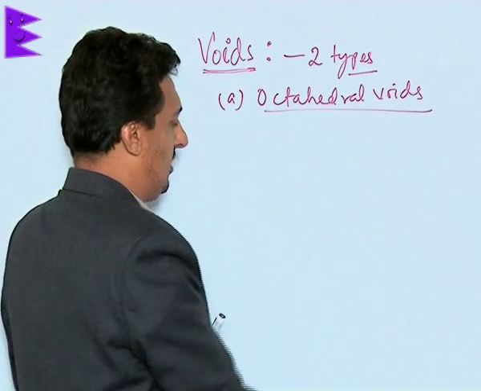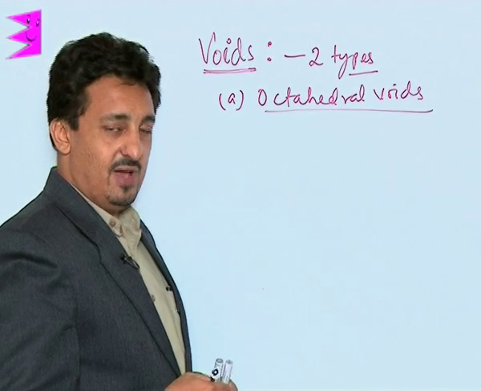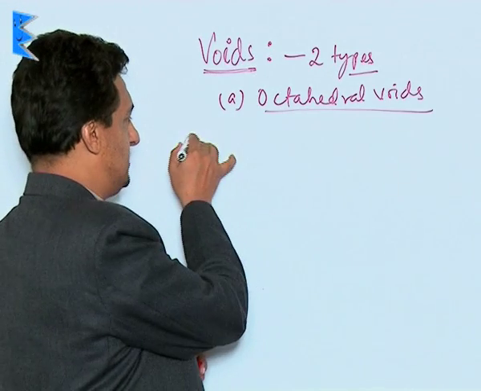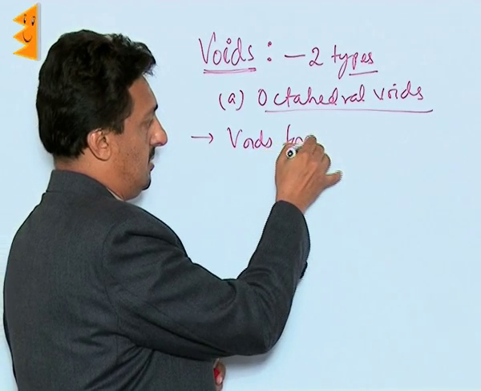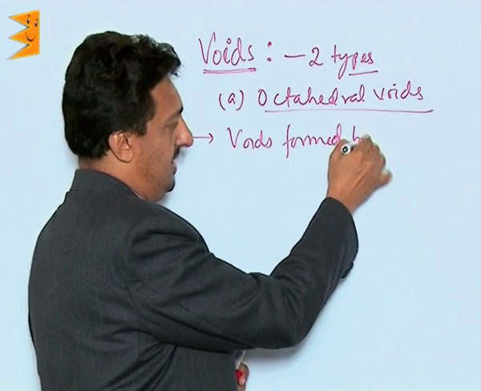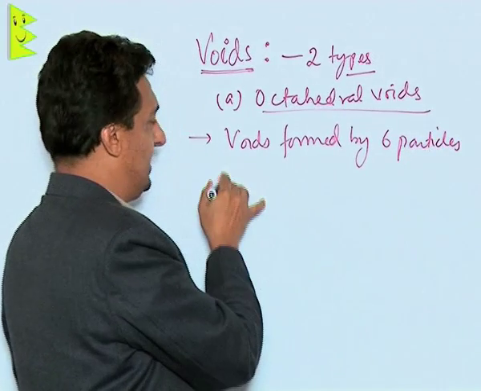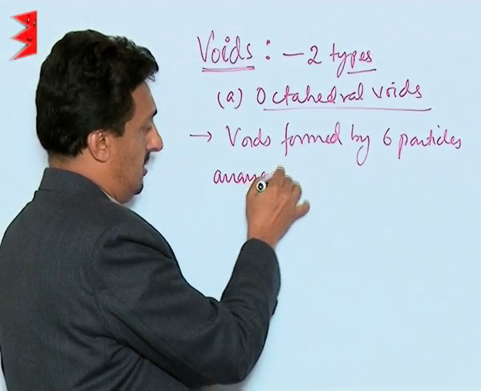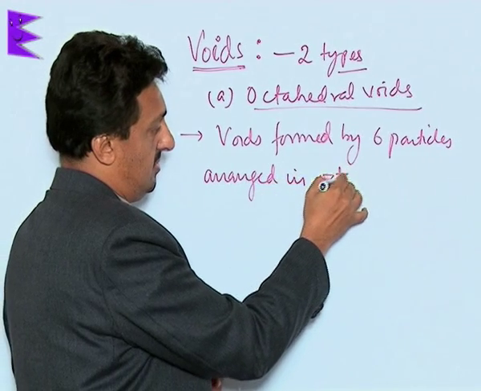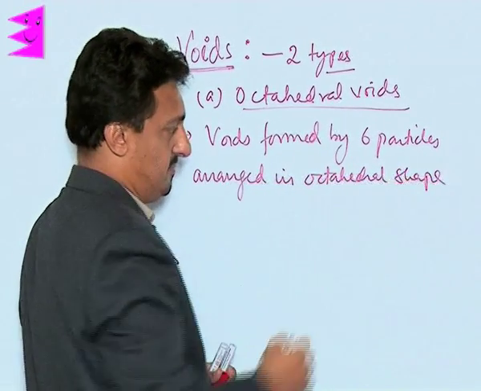Let us first take octahedral voids. Now octahedral voids, we need to know first, they are the voids formed by 6 particles arranged in octahedral shape.